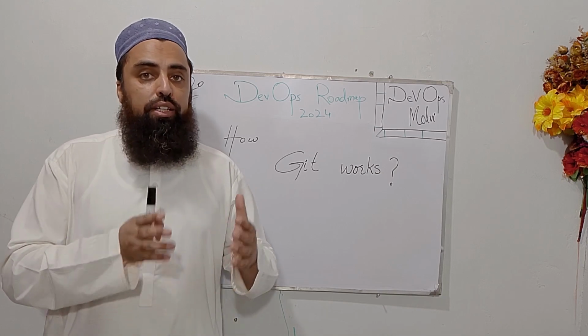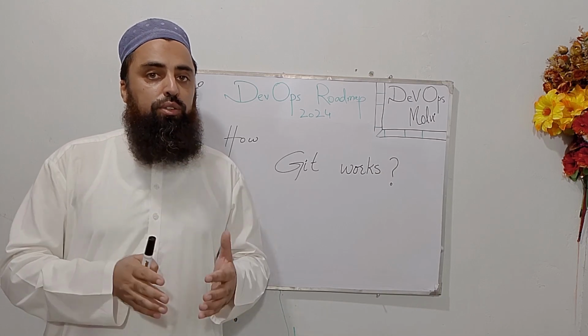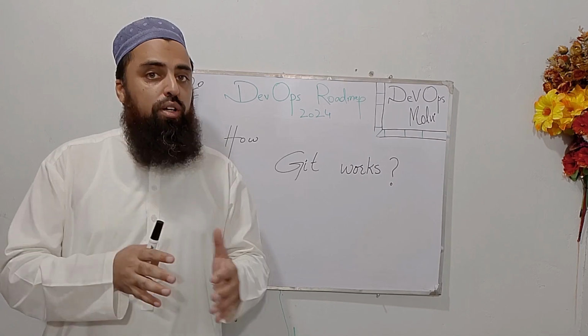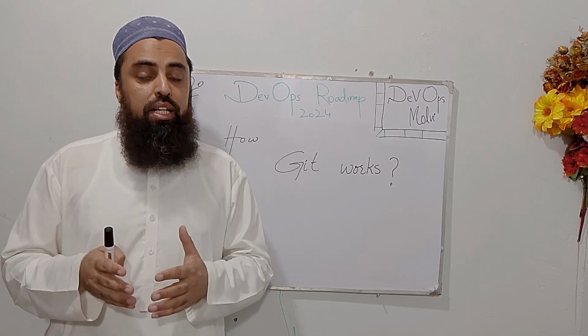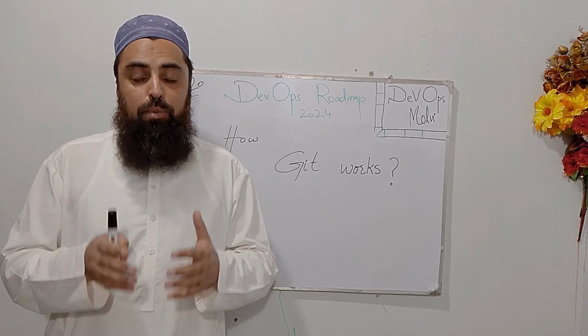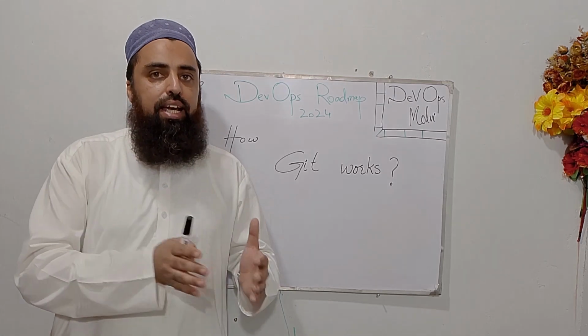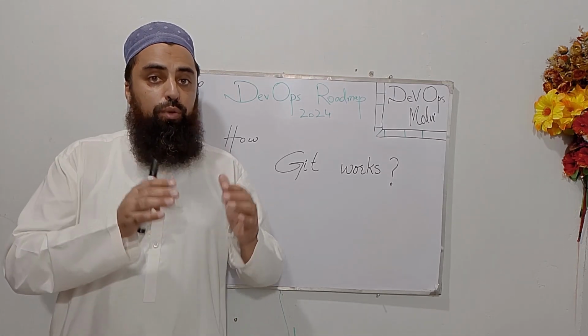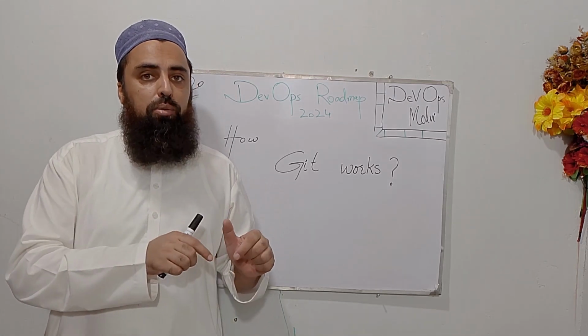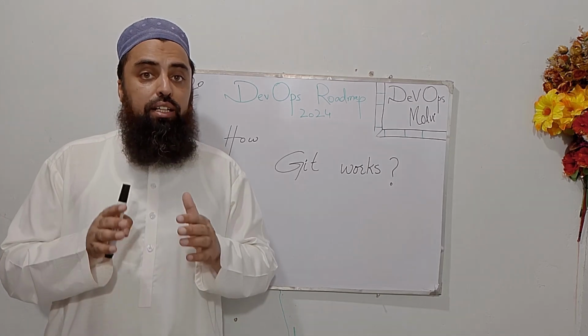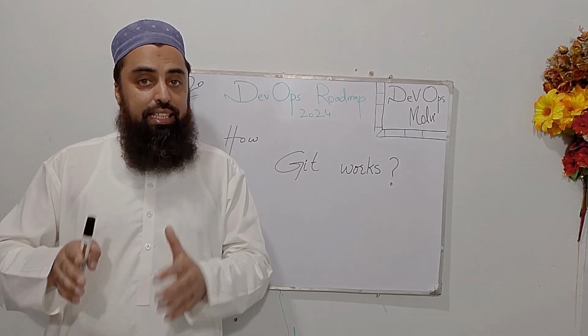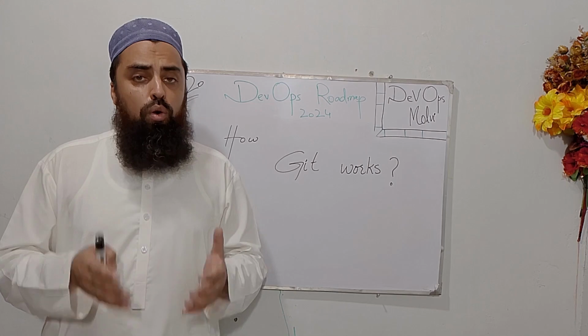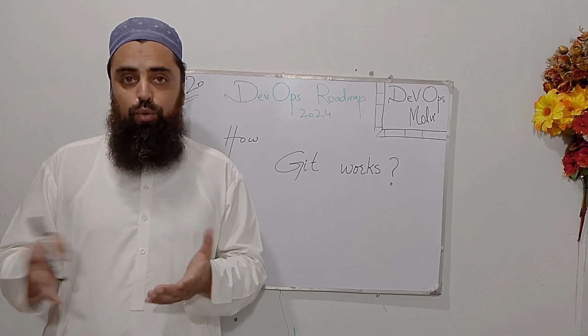When we install Git, we can create repositories and commit changes on our local VM. We also discussed the difference between Git and GitHub. Git is version control on our local system, whereas GitHub is a cloud service which provides Git in the cloud. Now we must know how Git works.